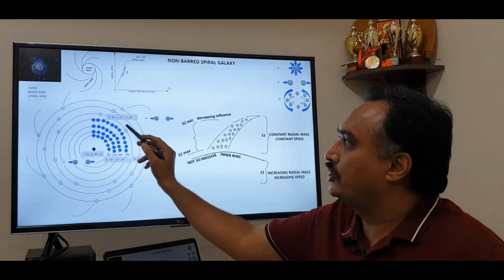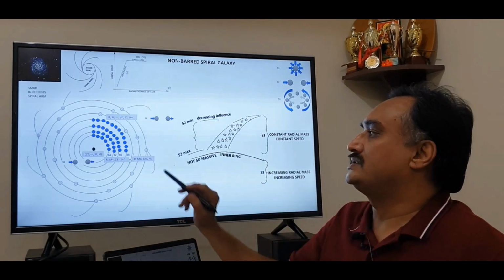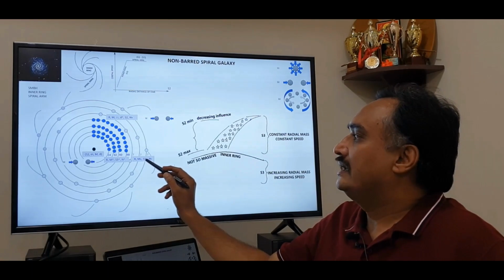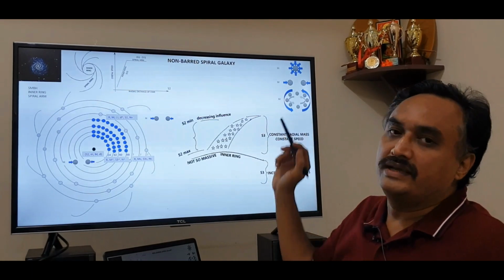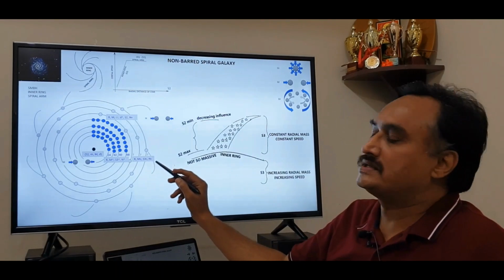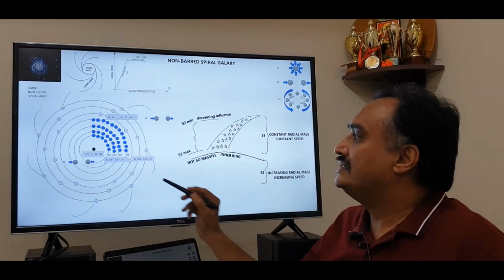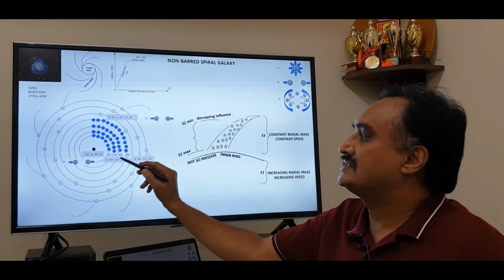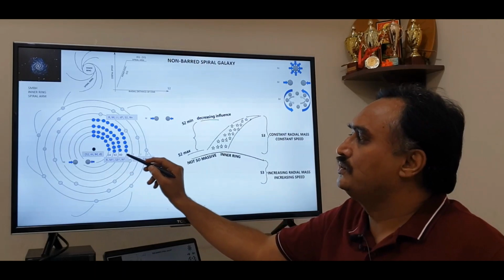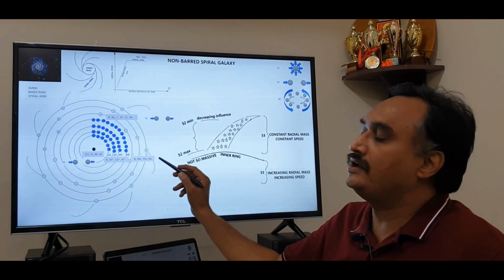The cumulative mass corresponding to that particular circumference remains constant, and since S3, which is directly dependent on the mass in the system, also remains constant, speed also remains constant. In the sense, the stars in the inner ring were moving faster and faster as you come out of the galaxy. In this case, the speed is remaining constant.